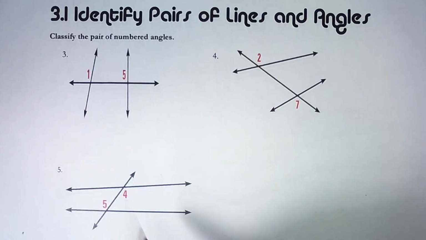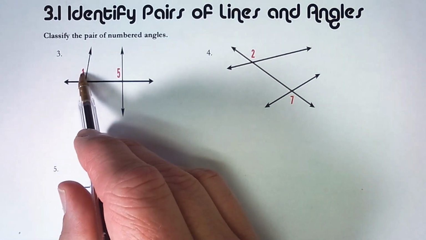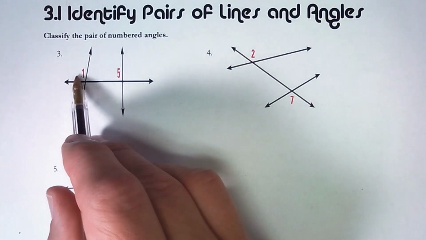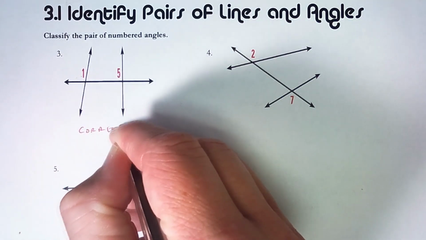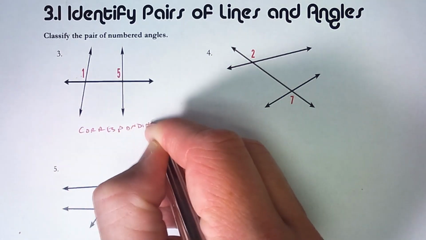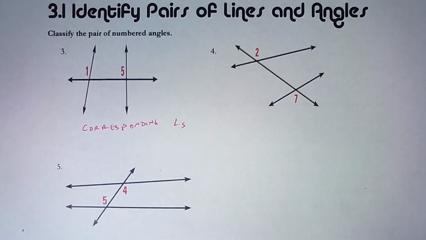Okay, classify the numbered pairs of angles. So I've got angle 1 and 5 here. They are both in a top left position. Those are corresponding angles.